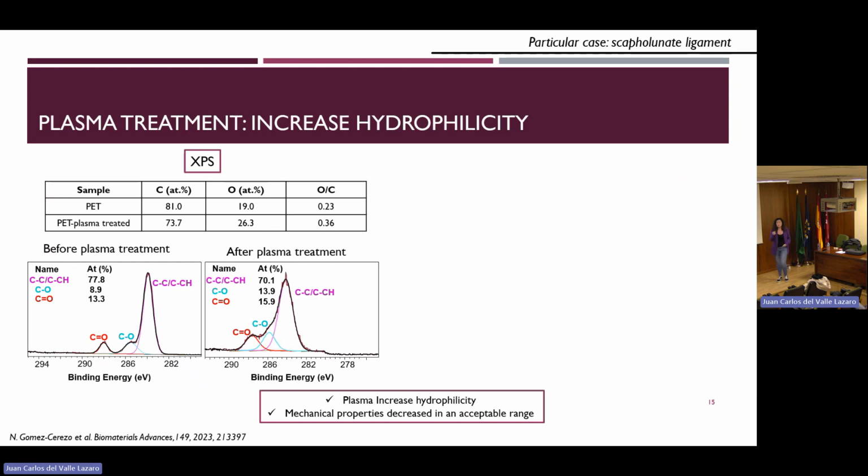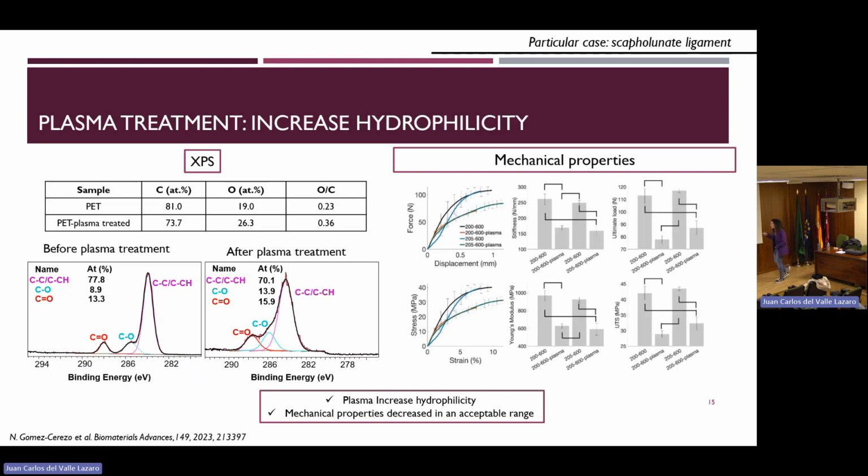It was very easy to see because I put a drop of water, and before it didn't go through, and now it penetrates inside the scaffold. So I checked the mechanical properties because this treatment is a bit aggressive and it actually decreased the mechanical properties of the scaffold, but we were still in the range of the tissue, so we were happy. Now we had a better scaffold, more friendly for the body.